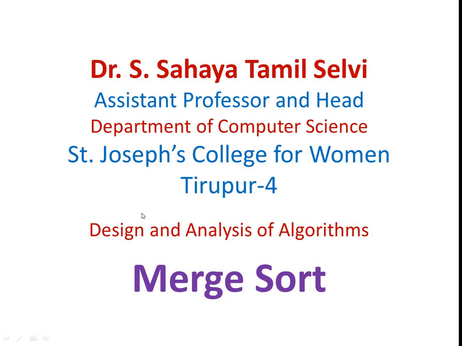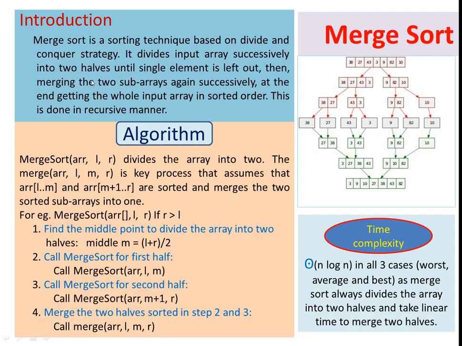I would like to present an explanation on merge sort, which comes under design and analysis of algorithms. Merge sort is a sorting technique based on the divide and conquer strategy.